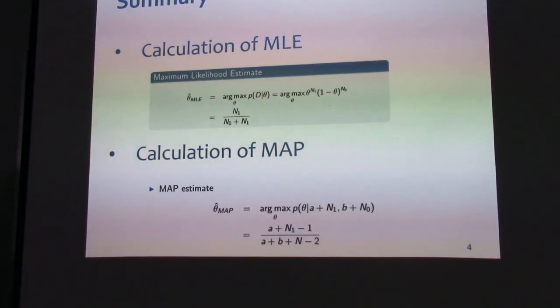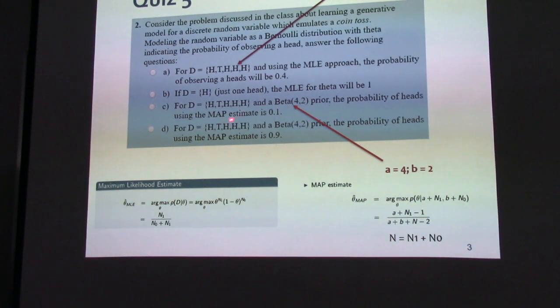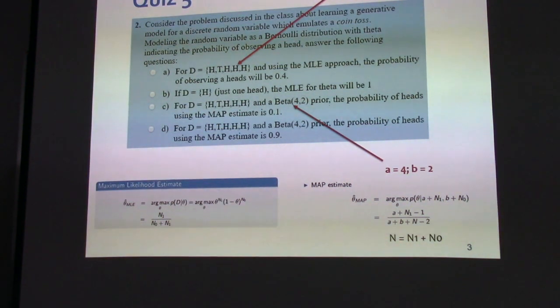Okay, so for the last question, what was the MLE for that? A and B are the parameters of the beta distribution. The beta distribution is used for the prior probability.